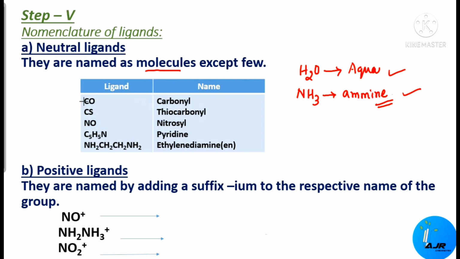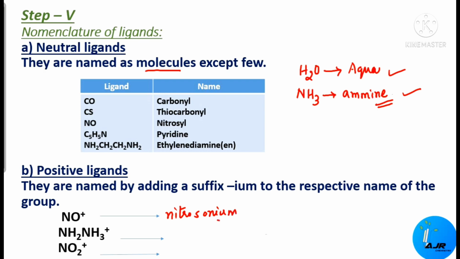Understood? So the next one is the positive ligand. If the ligands are positive, then their names will be added with the suffix ium to the particular names. Normally these types of positive ligands we cannot see, right? They rarely occur in the complexes. These are some examples: NO plus is nitrosonium.